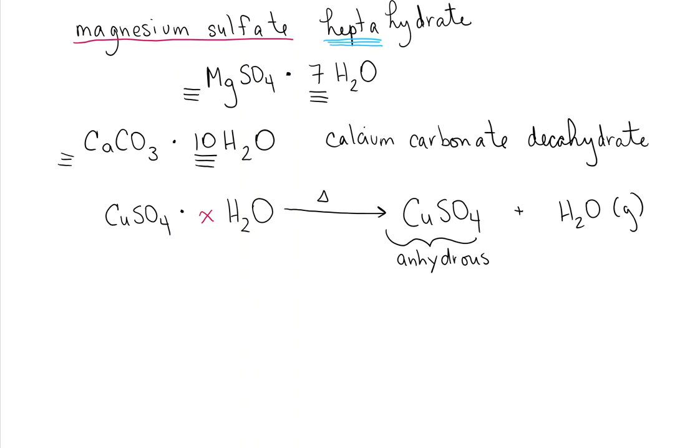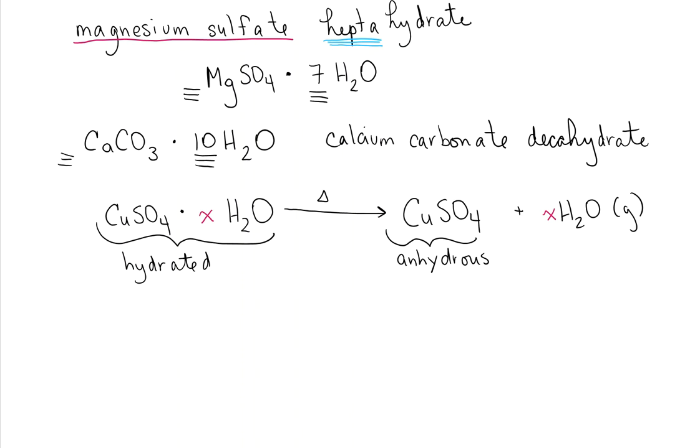So you start with the hydrated salt. You'll put it in a crucible. You'll heat it up, and you'll drive all of the waters of hydration off of it. And that's a balanced chemical formula. So the balanced chemical formula, as we know, gives you the mole ratios of things. And from that, we'll be able to determine how many water molecules are associated.